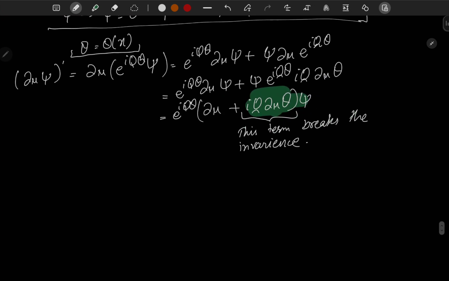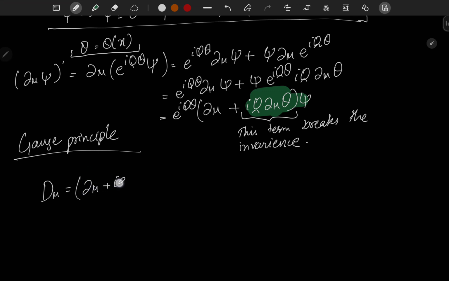To solve this issue, we will use the gauge principle and introduce a covariant derivative, which will have this form: d mu plus iota e q a mu. Here a mu is an auxiliary, arbitrary field, q represents the charge and e represents the strength.